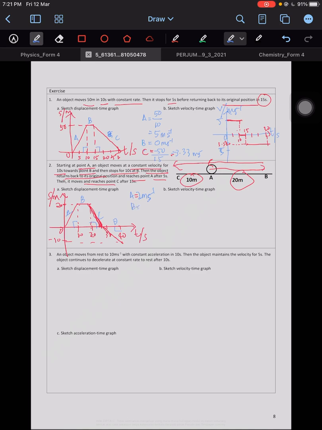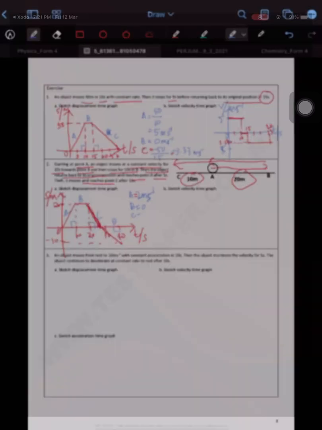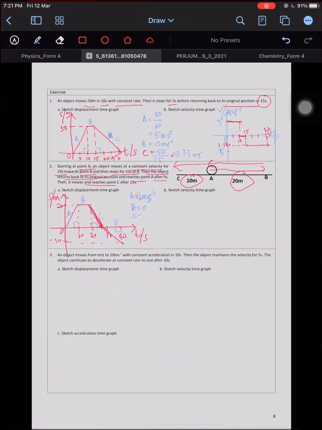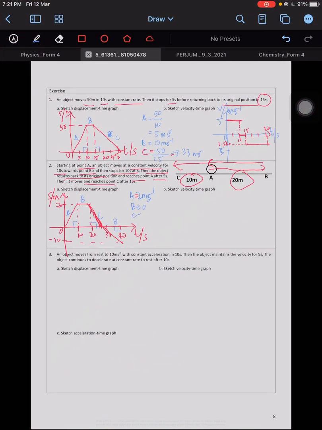Okay, B is 0. C, what are you going to get? How long is it returning back? It's 5 seconds. So 20 divided by 5, you get 4 meters per second. How about D? D is the negative part, right?